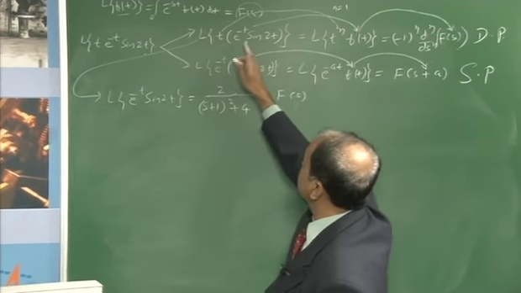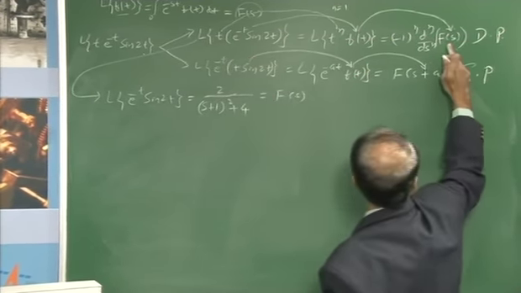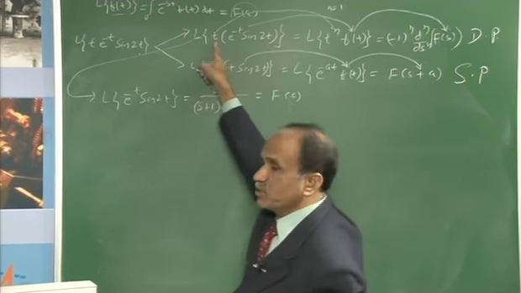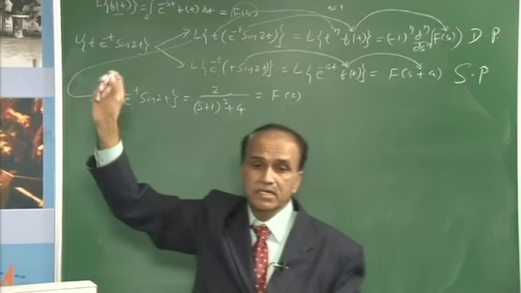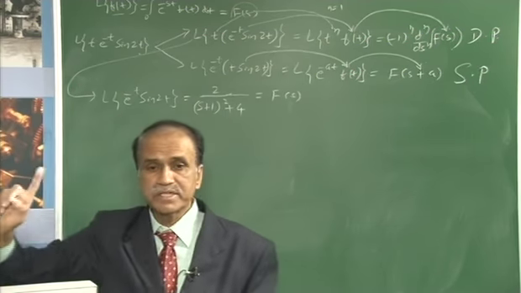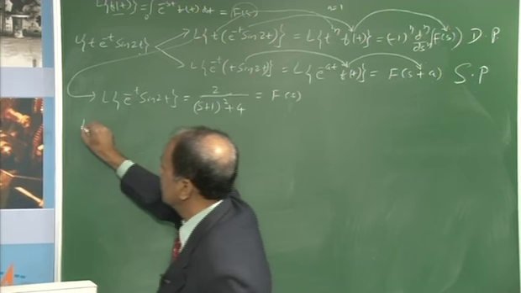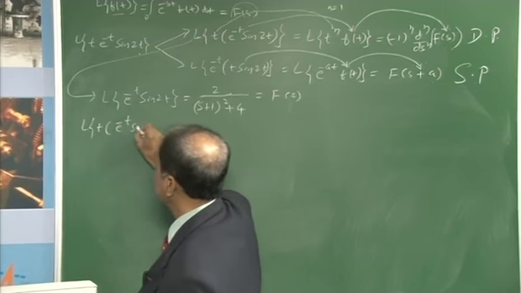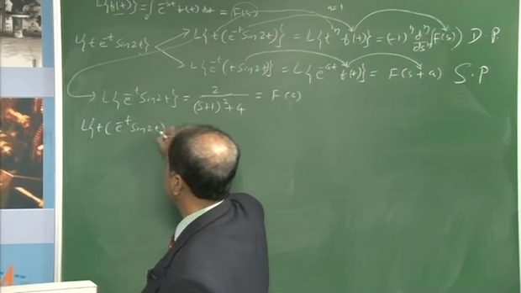That is what I want to convey here. F of t is totally a product, and it is written as f of s. Now I call this f of s, and I treat this statement according to the property where an algebraic term is multiplied. Find L of t into e to the power minus t into sine 2t.